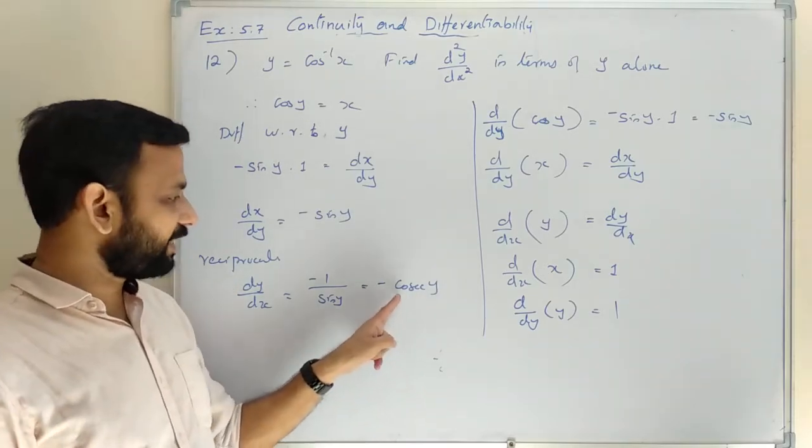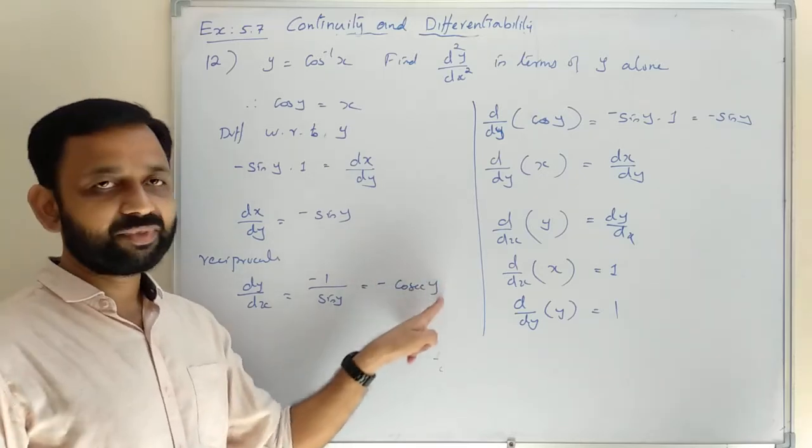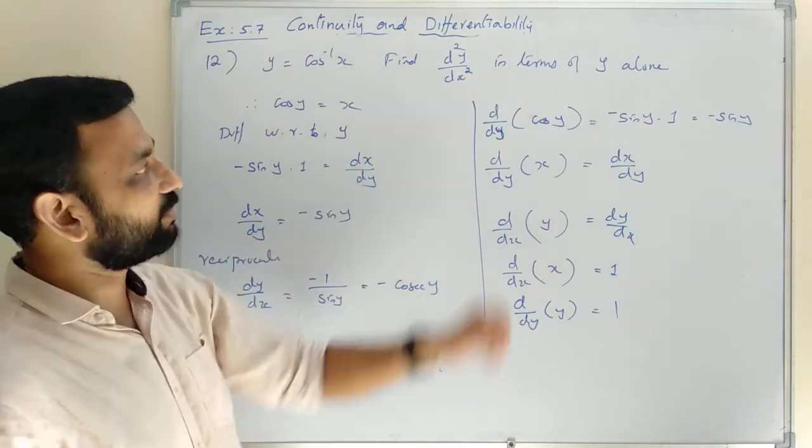And now we got dy by dx in terms of y alone. We need to find d square y by dx square.